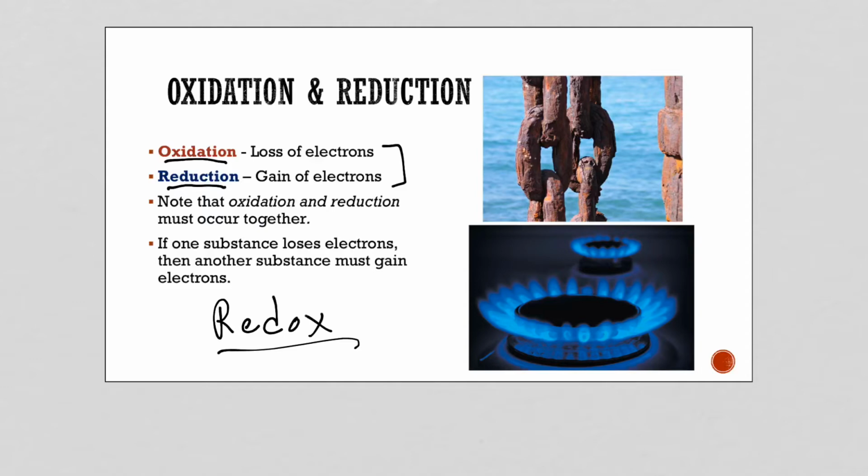Within these electrochemical reactions, or redox reactions, one element is losing electrons, another element is gaining electrons, and this is where we get that transfer of electrons. These two processes have to occur simultaneously, in conjunction with each other, because if a substance loses electrons, they must go someplace. Some other substance must gain those electrons.